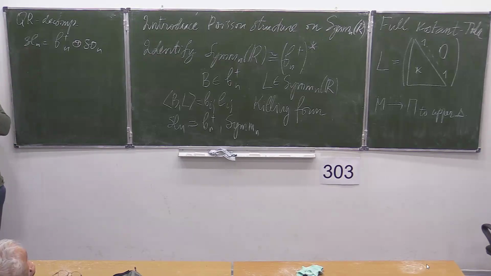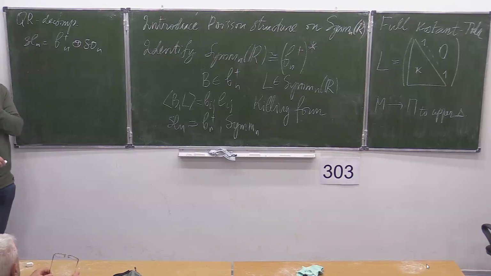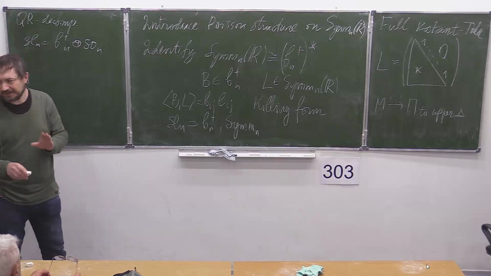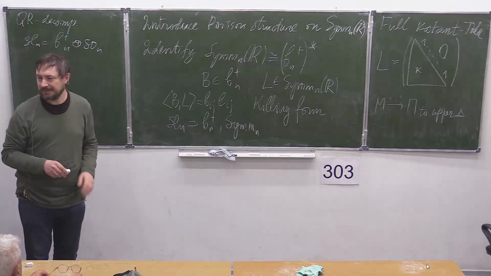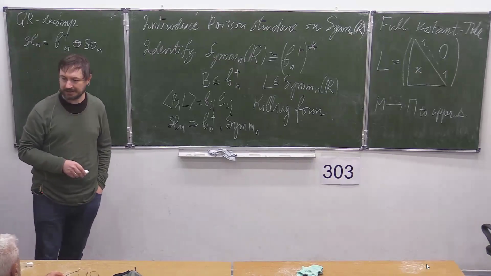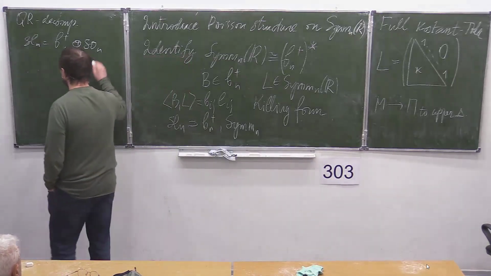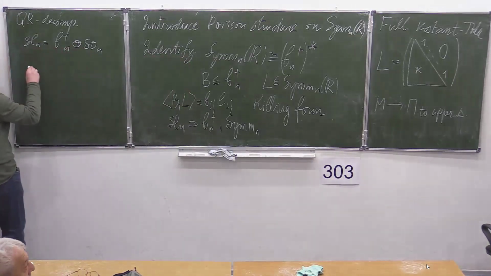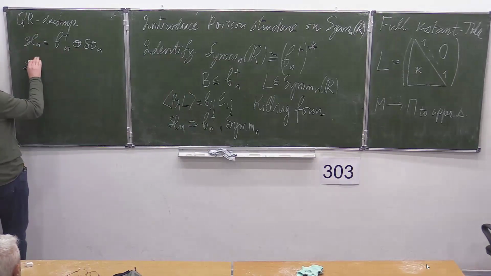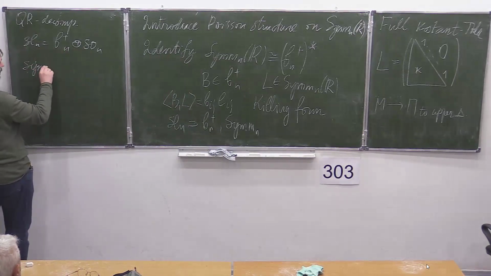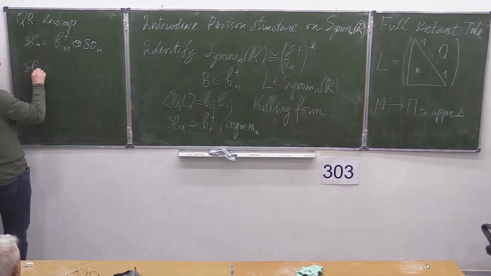In fact, this is kind of a real part of some Iwasawa decomposition, something like that. But actually, it's a very, very long story, and I'll barely touch it today, I think.